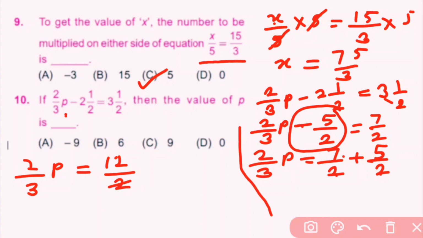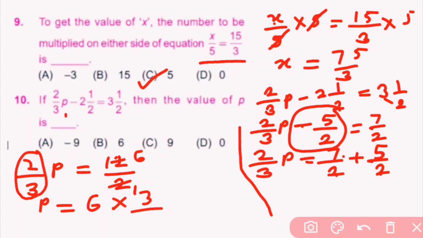So here 2 ones are 2 and 2 sixes are 12. p is equal to 6 into, we take the reciprocal of this, 3 by 2. So 2 ones are 2, 2 threes are 6. p is equal to 3 into 3, 9. So here also C is the correct answer.